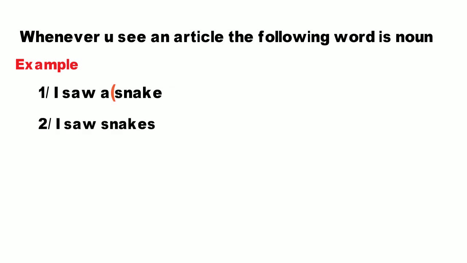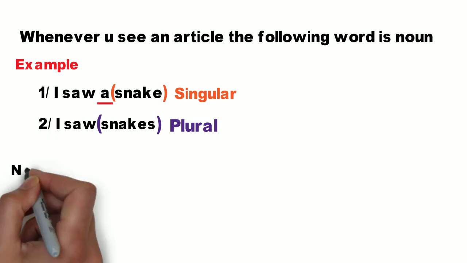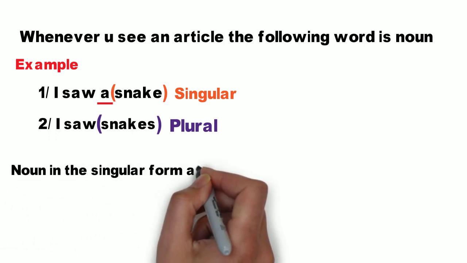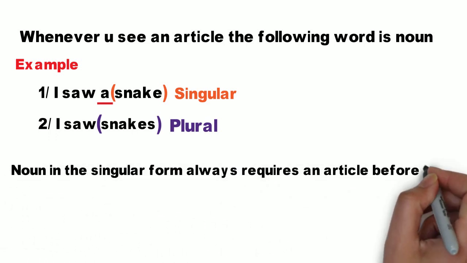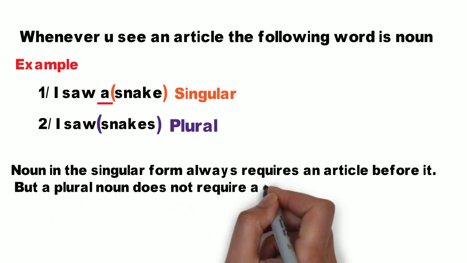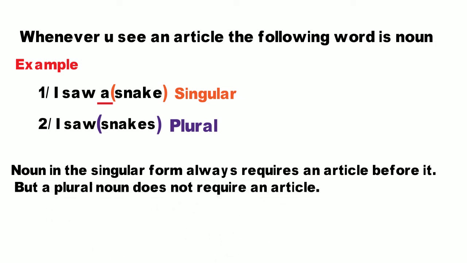As you can see in the singular form, there is the article a, and in the plural form, it does not require an article. So a noun in the singular form always requires an article before it, but a plural noun, it does not require an article.